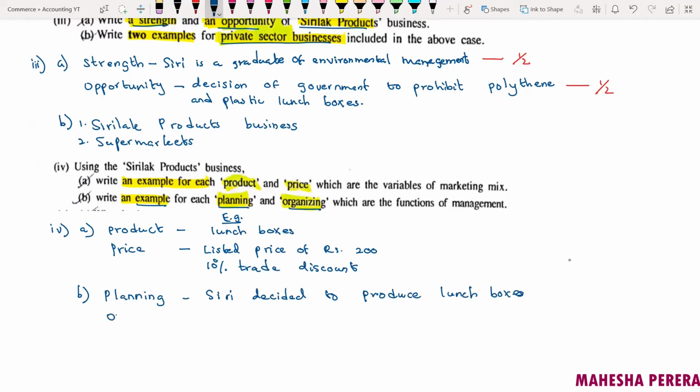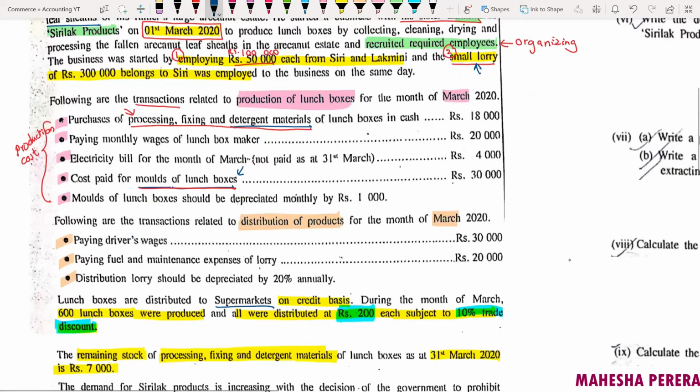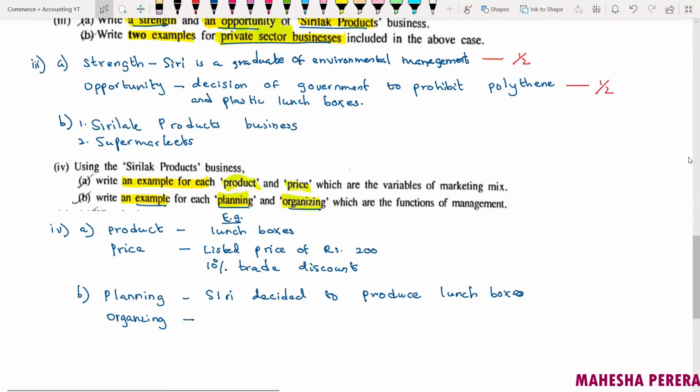And for organizing, we already found it. It's recruiting required employees. Let's see the exact words. Recruited required employees. Now, normally when employees are recruited, we can write that as an example for organizing. Right. Now, if you want, instead of Siri, you can just write deciding to produce lunch boxes, right?